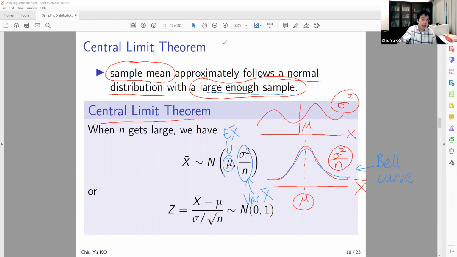The important point, again, is that this is normal. If we write it, it means that X bar minus mu over the standard deviation is equal to standard normal, N(0,1). Is that okay? Because this is the single most important thing and we're using it for the rest of this class. Any question? If okay, can you type okay? Because it's very important, I'd like to have a confirmation from you.